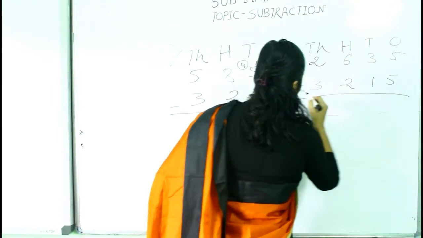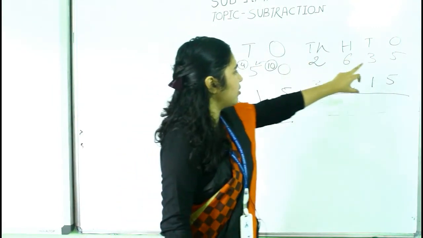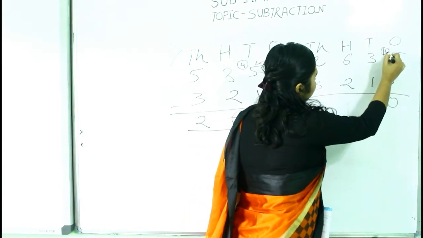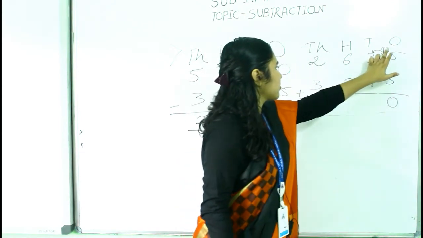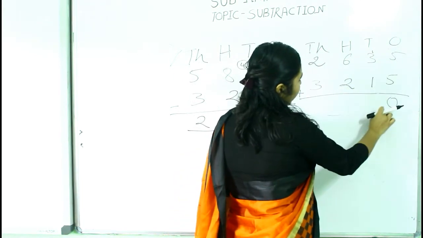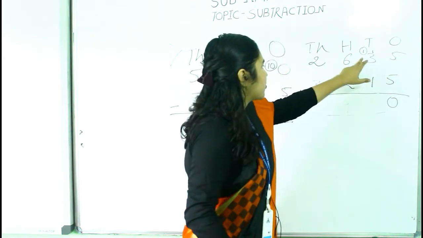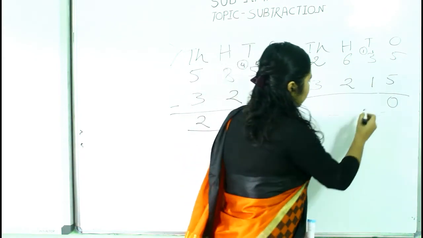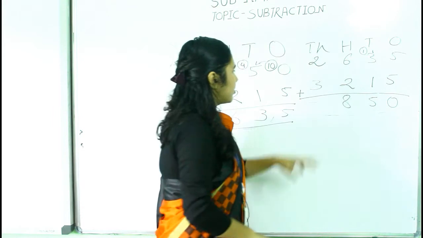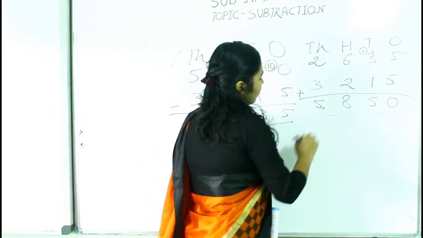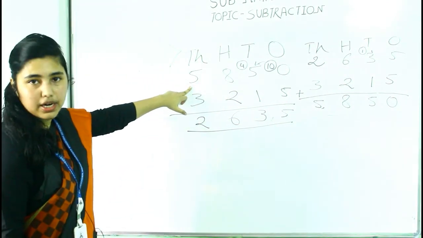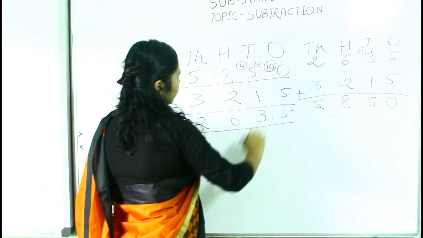Now add these two numbers. 5 plus 5, 10. Take this one here. 3 plus 1, 4. 4 plus 1, 5. Next, 6 plus 2 is 8. And 3 plus 2 is 5. So we get 5850, which is nothing but our bigger number.